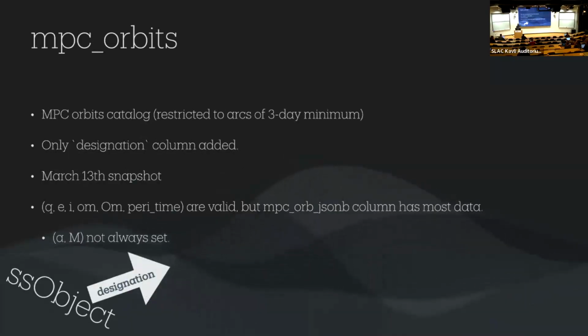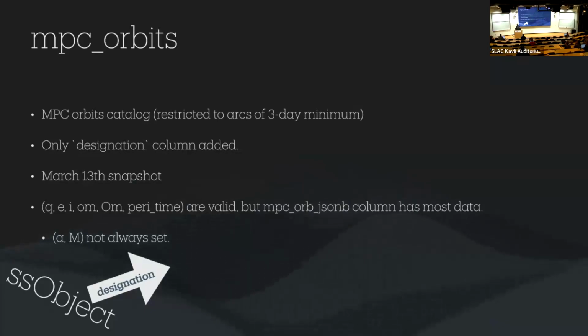And then finally, the MPC orbits table is just us passing on the Minor Planet Center table that we used to create the ephemerides that we associated for SS source association. We did not change the table at all, except to add the designation column.